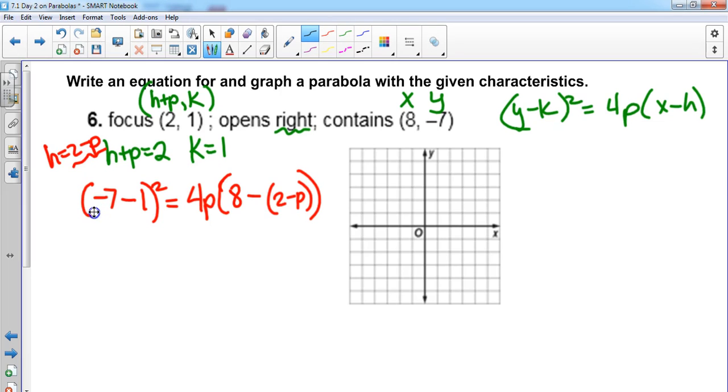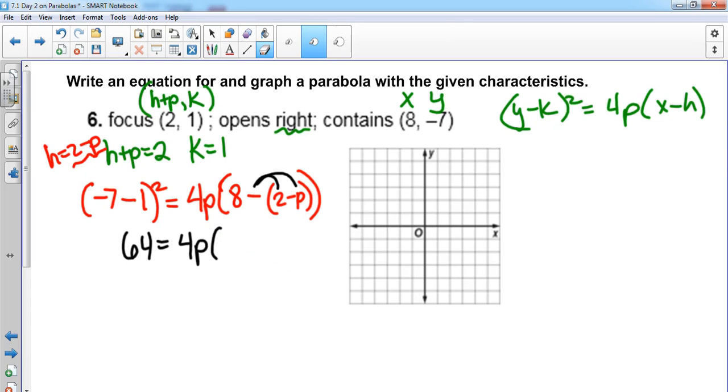Left side is basic math, right? We get 64. Over here we have 4p times (8 minus (2 minus p)). 8 minus 2 is 6. Everybody okay if I just write the 6? You know where that came from? And then minus a negative p became plus p, right?